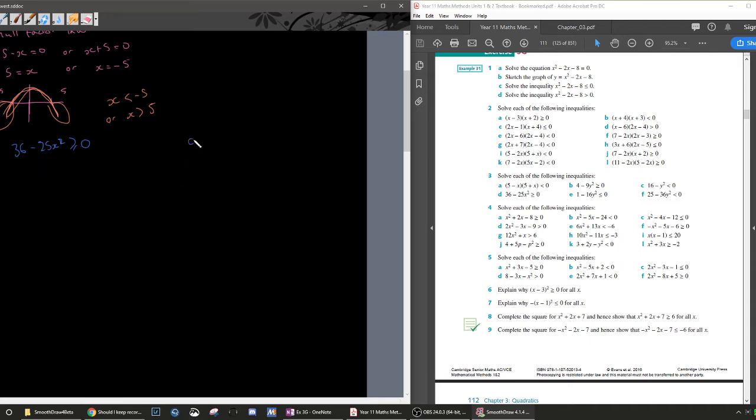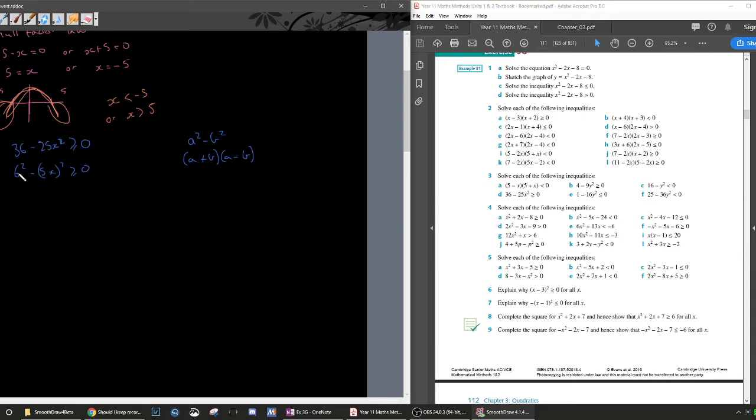So we can use our shortcut. If we have a squared minus b squared, something squared minus something squared, that factorizes to a minus b times a plus b. So we can use that shortcut straight away because this is the same as 6 squared minus 5x all squared, greater than or equal to 0.